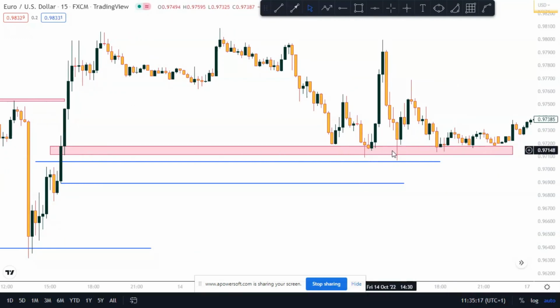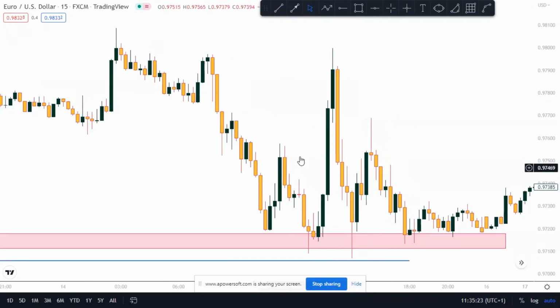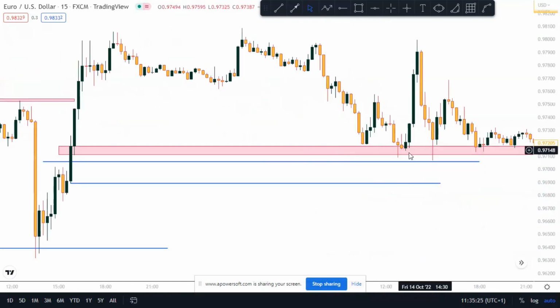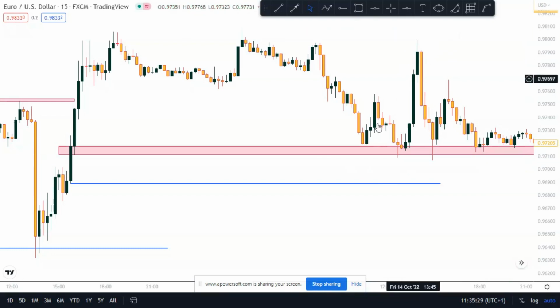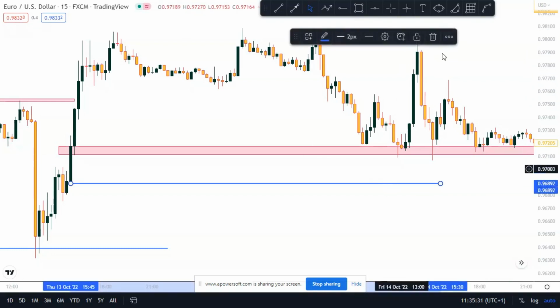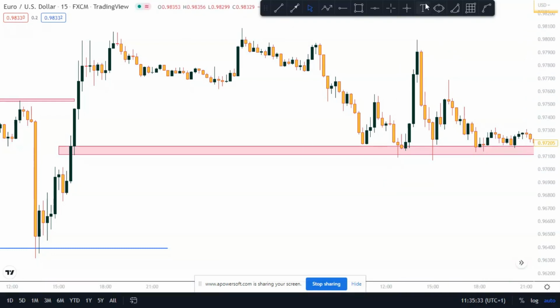So for me, I place my entry here. They try to go into negatives here to fake out people. Let me quickly show you something here. Let me delete this line. If you don't do proper analysis, the market will always lie to you.